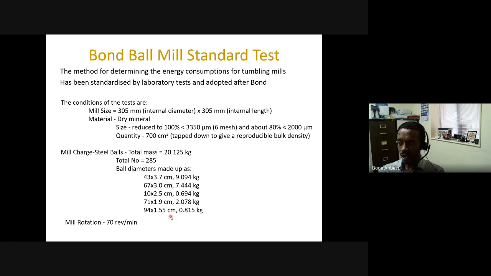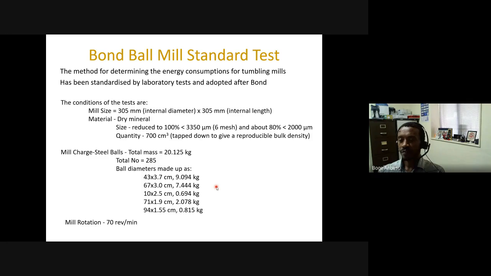If you change any of these, it actually affects the experiment. So if I conduct my bond work index experiment at 100 revolutions per minute, I can no longer say I determined the bond work index, because I haven't followed the rule strictly. So that's why we need to follow these operating conditions very strictly.